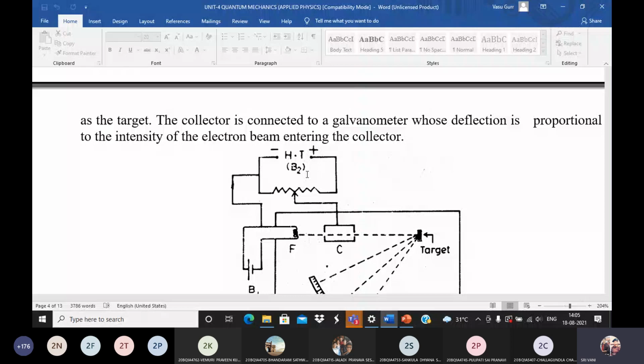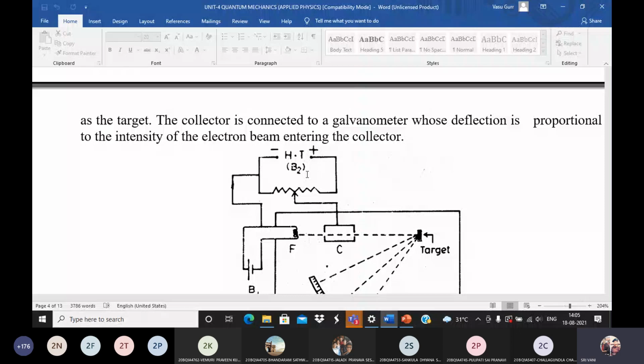These horizontal dotted lines are the path of the electrons which will hit this target. And these 3 directions of dotted lines are the scattered electrons. The scattered electrons will be collected at the collector which is connected to the galvanometer. Deflections in the galvanometer will measure the intensity of the scattered electrons.